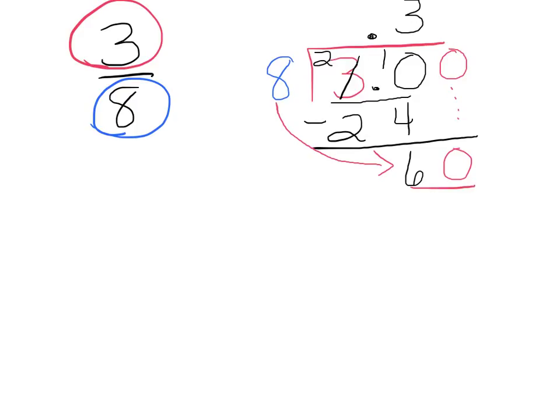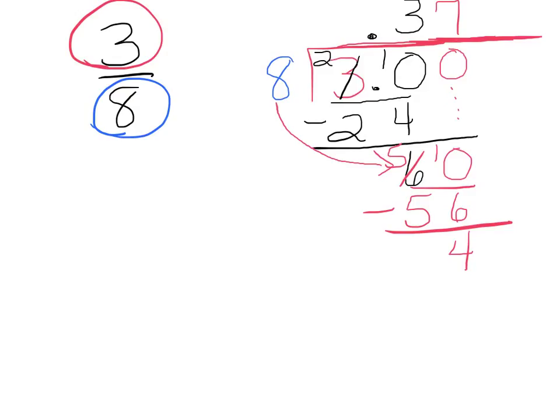So 8 can go into 60 7 times. I didn't make my line long enough, so I'm going to fix that. So 7 times 8 is 56. Then I'm going to subtract. 10 minus 6 is 4.